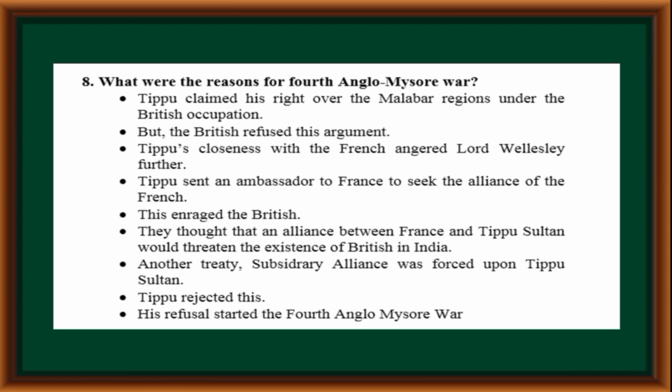This enraged the British. They thought that an alliance between France and Tipu Sultan would threaten the existence of the British in India. Another treaty, the subsidiary alliance, was forced upon Tipu Sultan. Tipu rejected this. His refusal started the Fourth Anglo-Mysore War.